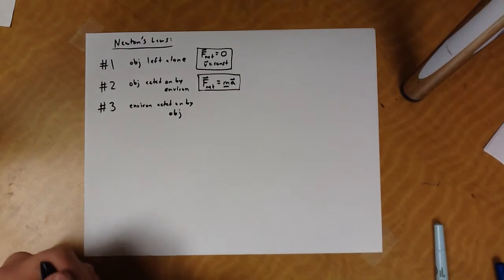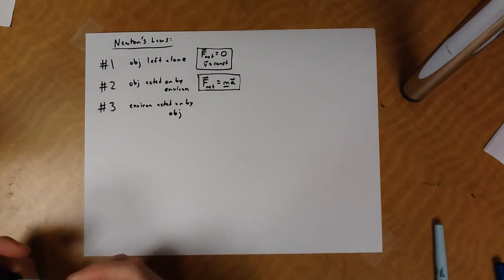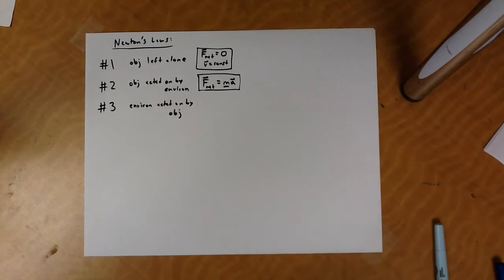And so basically, it really tells us that the distinction between object and environment is really one of just what you're interested in. The universe is made out of a bunch of objects. The one that you're interested in is called the object, and then everything else is called the environment. But one person's object may be another person's environment.